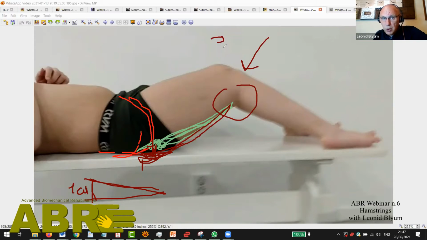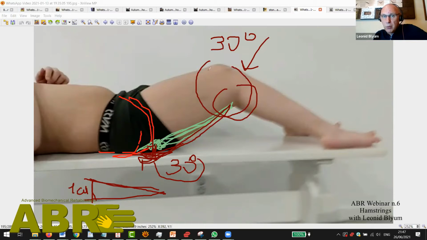those 30 degrees at the knee, they are equivalent to the same 30 degrees which you have lost at this little attachment there. But when it's a little attachment at the sitting bone, at the ischial tuberosity, it's not so visible. But when it's 30 degrees at the knee, it's very visible, right?